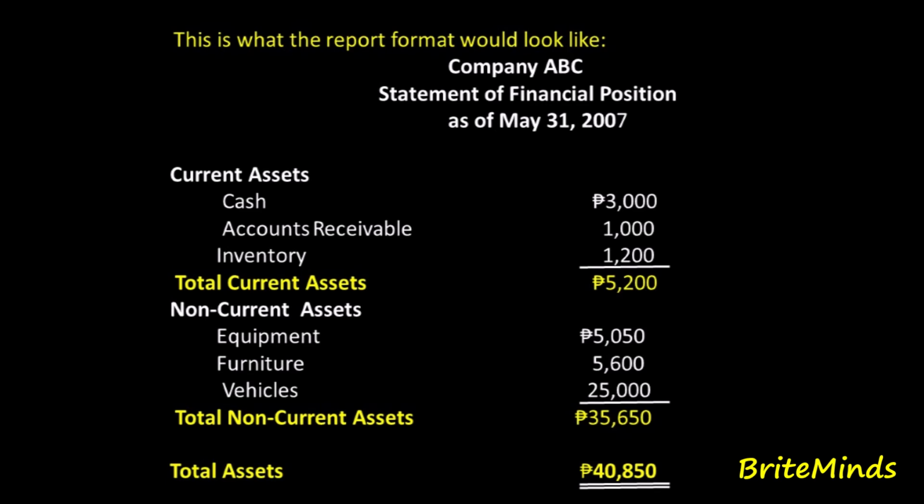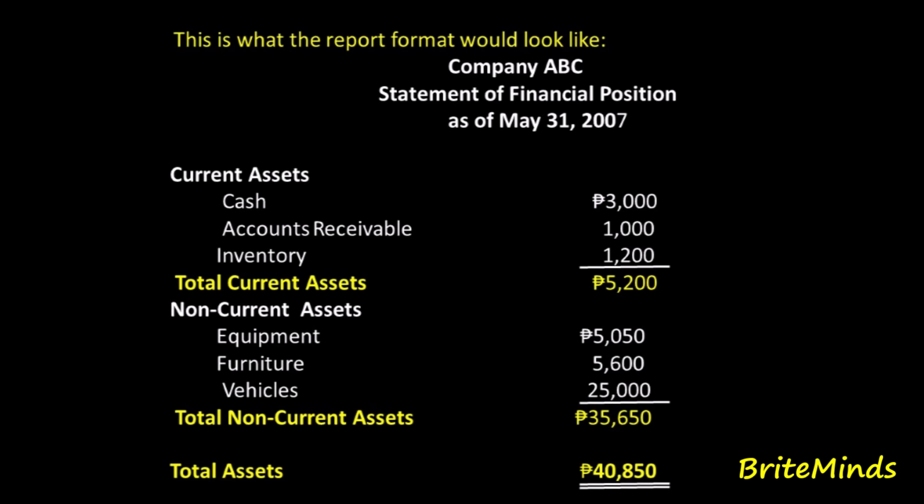And then the sum of the current assets and the non-current assets are determined. So the total assets of the company ABC is 40,850 pesos.